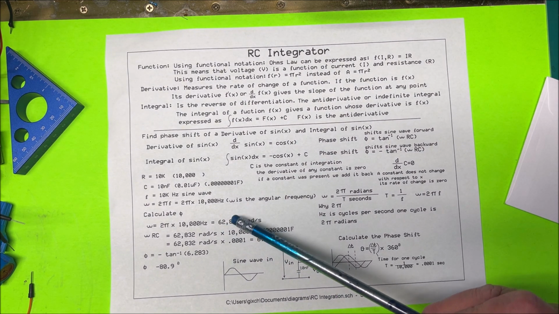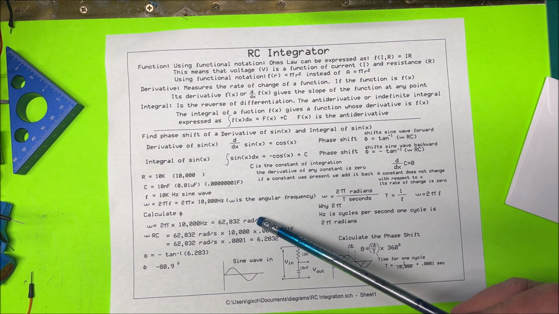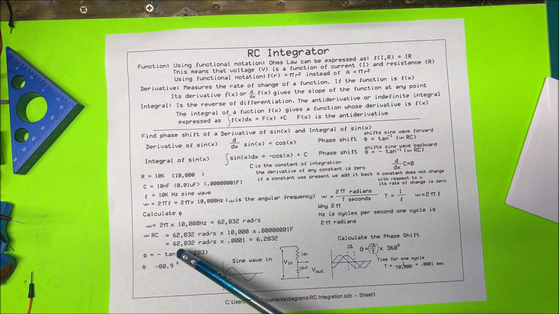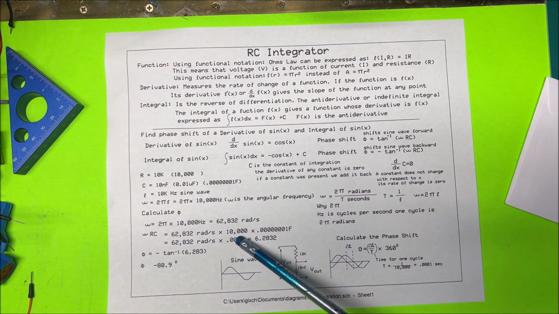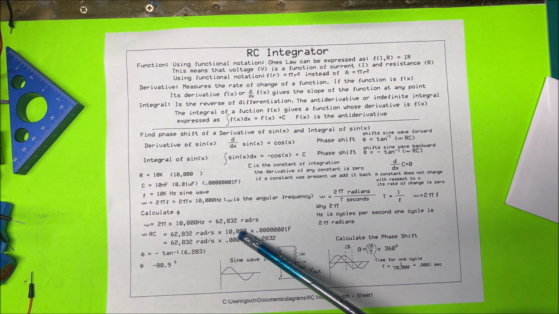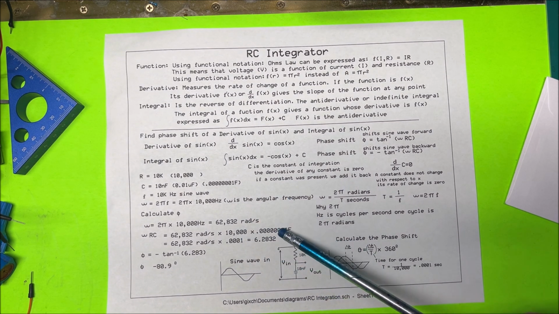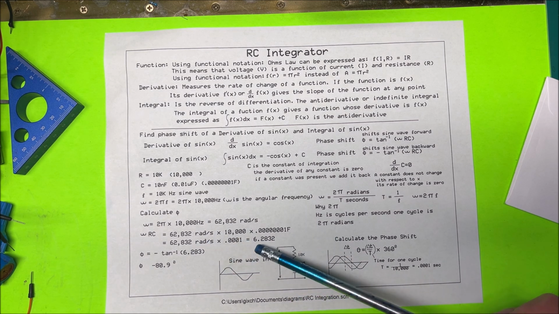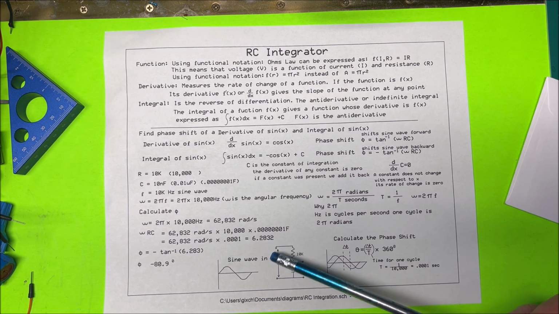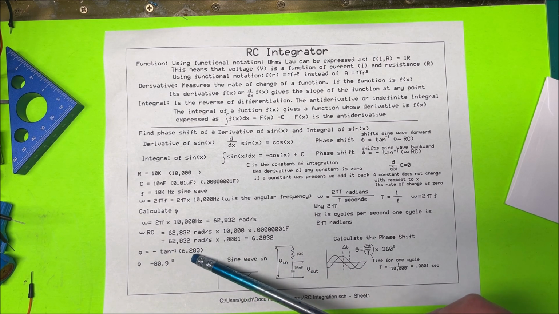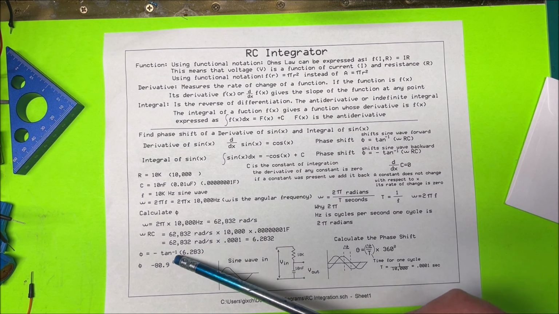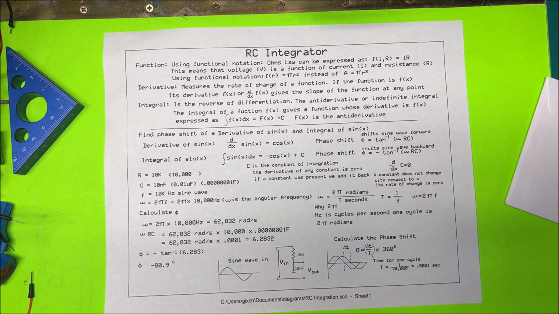So it's 62,832 radians per second, and then we multiply that by our RC constant here, which is a 10k resistor and then our 10 nanofarad capacitor here. And when we calculate it out, it comes out to 6.2832. So we take the arctangent of 6.283, and it comes out to about minus 81 degrees, okay?